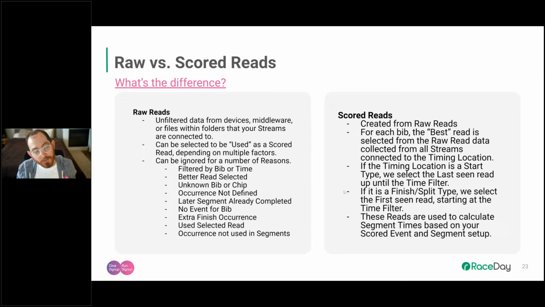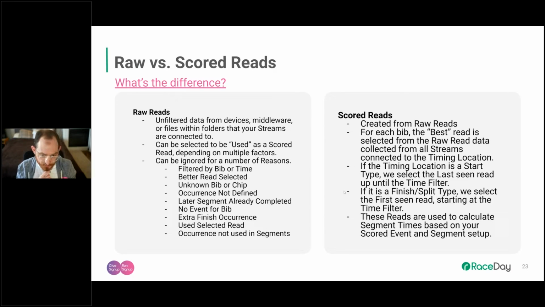All right, so let's talk a little bit about the concept of reads in RaceDay scoring. So we're chatting a lot about how your timing locations are filtering out the reads that come from your streams and ignoring reads that are outside of that range.